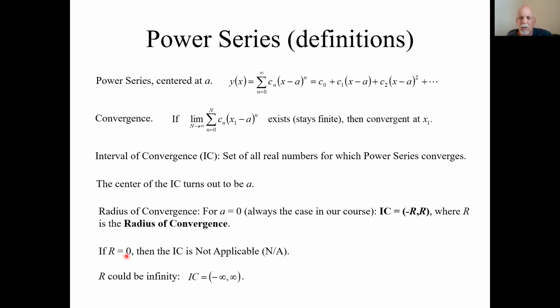So if the radius of convergence is 0, the interval of convergence doesn't make sense. We'll just say it's not applicable. The radius of convergence could be infinity, in which case the interval of convergence is the entire real line. So that's the idea of convergence and some of these terms: the radius of convergence, interval of convergence.